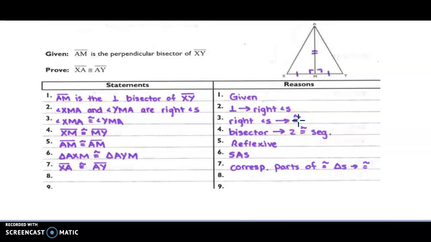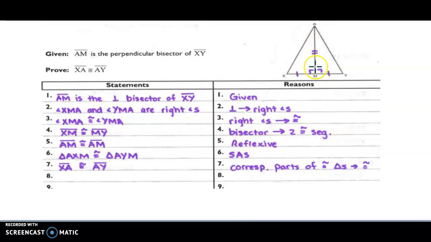XM is congruent to YM, not because of midpoint, but because it's a bisector. It doesn't say in the given that M is the midpoint, but rather we're told that AM is the perpendicular bisector. So if bisector, then two congruent segments.